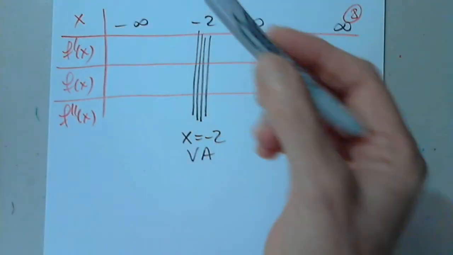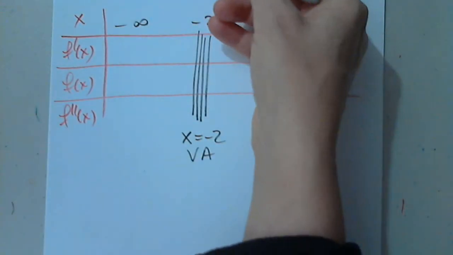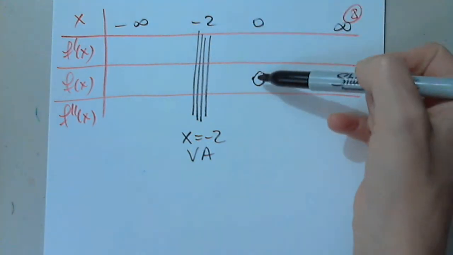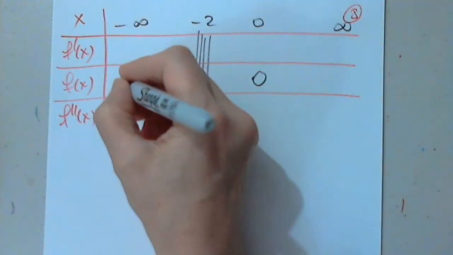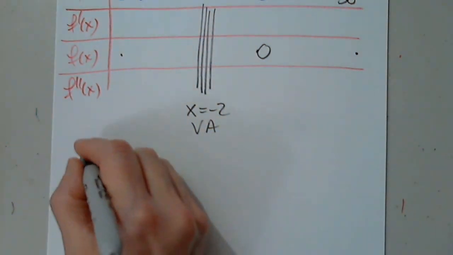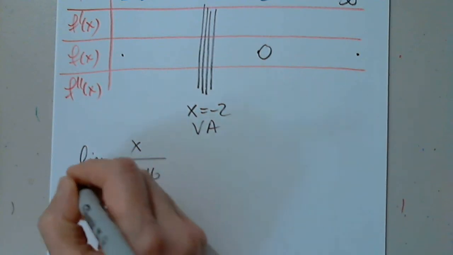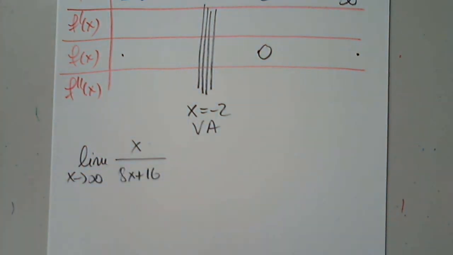Can anyone plug in 0 and tell us what to write when x is 0? 0. Excellent. Because it's 0 over 16, which is 0. Can anyone tell us these limits? Let's write it. Limit of x over 8x plus 16 when x approaches infinity.